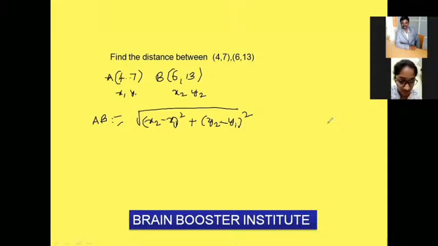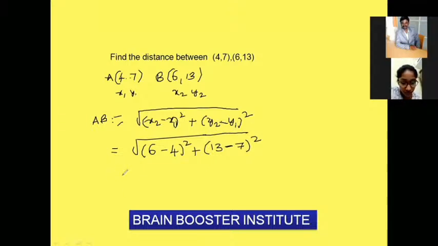So therefore, d is equal to under root of, what is the value of x2, Nana? Sir, x2 is 6, sir. 6 minus x1, 4, whole square, plus y2, 13, minus y1, 7, whole square.